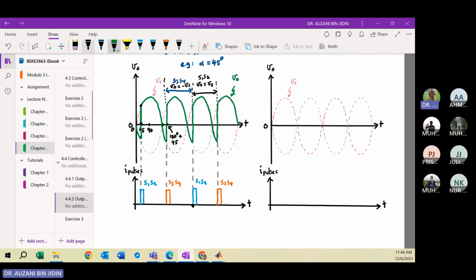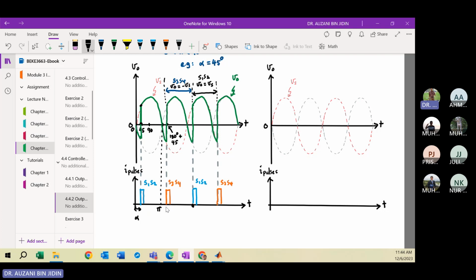Maybe I can extend this point in order to get a clear understanding of how to generate the current pulse. So this gap, this alpha, right? Here will be pi.